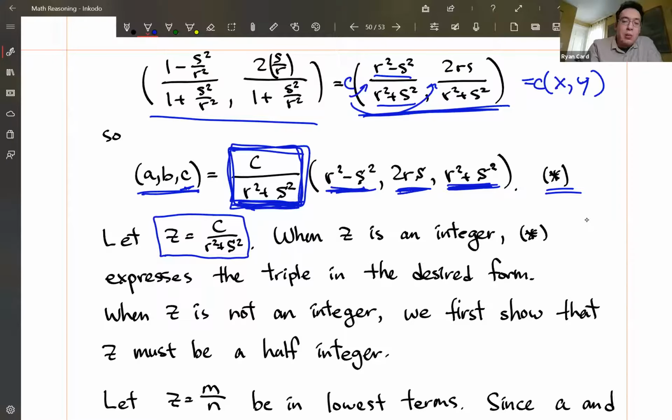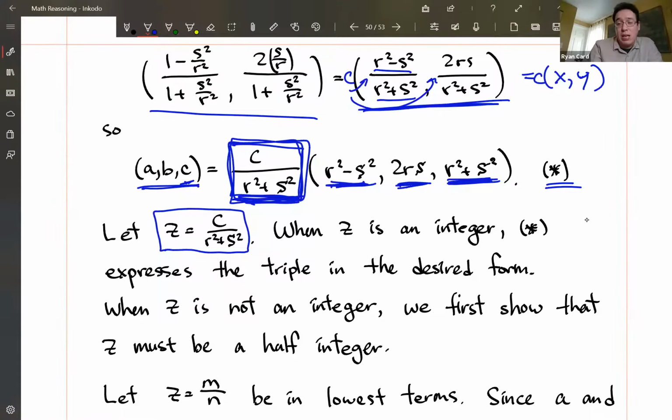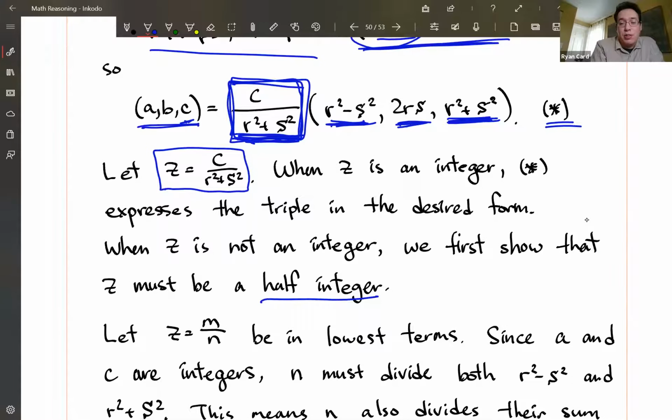It turns out that even if it's not an integer, it's very close to an integer. What I mean by that is it's a half integer. So half integer is integer divided by 2. So maybe it's something like 3.5 or 6.5, or something like 0.5, right? It's 1/2 more than an integer.